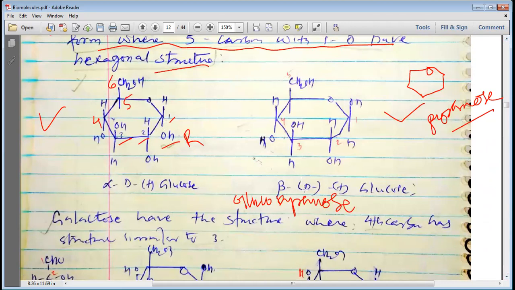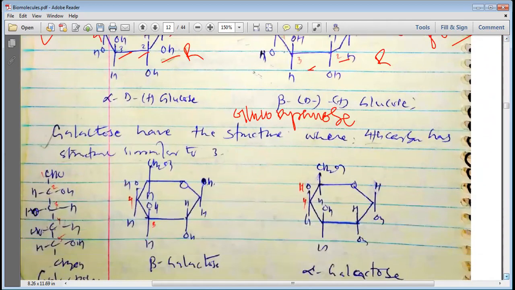And in beta D glucose, this is carbon 1, second, third, fourth, fifth, and sixth. On the first carbon, this OH is present on the left hand side. That is how you can identify alpha D glucose and beta D glucose, which is nothing but glucopyranose.